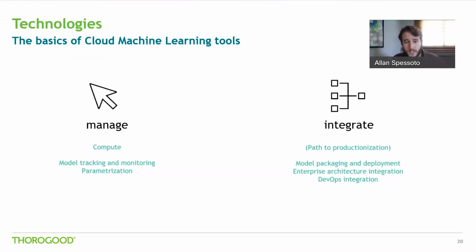And these tools, these cloud tools, will offer different ways of packaging the models so they can be deployed and then consumed. And at the same time, you can start integrating that with your enterprise architecture, connecting to your data lake, maybe a database or a web application that you want to embed this model in.